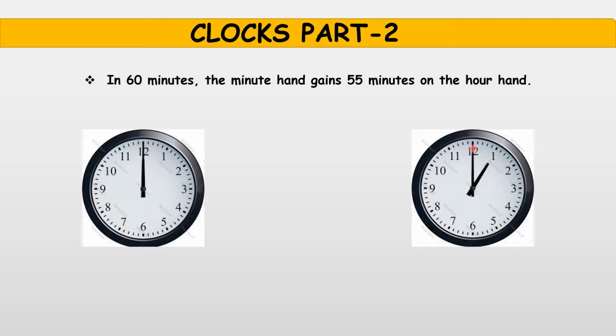So the effective distance covered by the minute hand over the hour hand is 60 minus 5, which equals 55 minutes. So in every 60 minutes, the minute hand gains 55 minutes on the hour hand. Remember this, because by using this formula most of the questions are solved. This is the golden point.